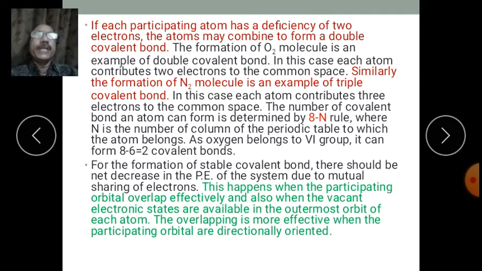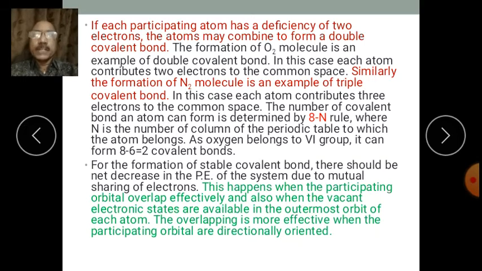to form a water molecule, H2O molecule. If each participating atom has a deficiency of two electrons, the atoms may combine to form a double covalent bond. The formation of an oxygen molecule is an example of a double covalent bond.